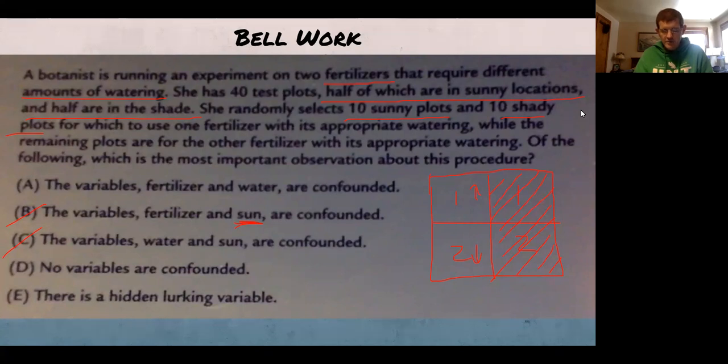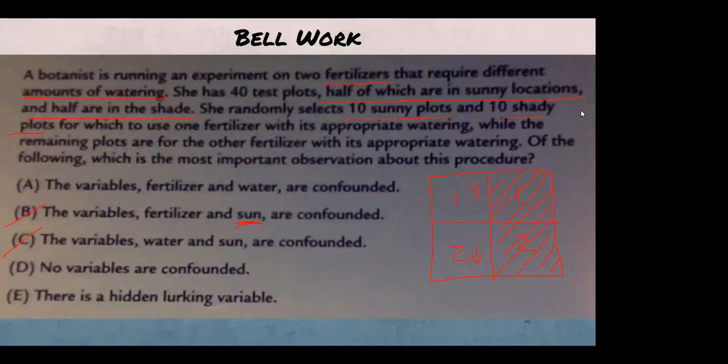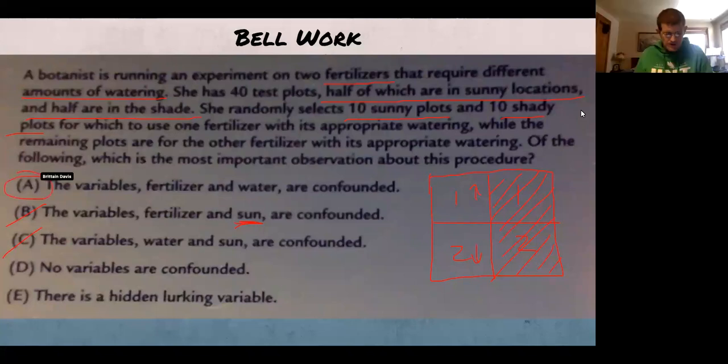So really what's benefiting the plants? Is it the water amount or is it the fertilizer? And we're confounding it. So we need to control that. There's your correct answer, A. Okay. And there we go. That's basically it.